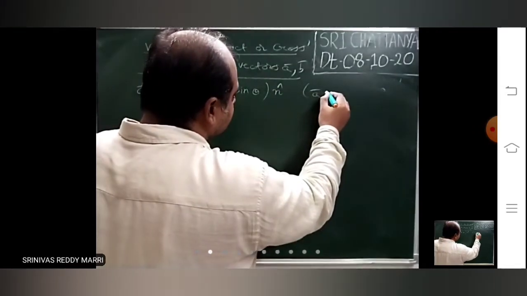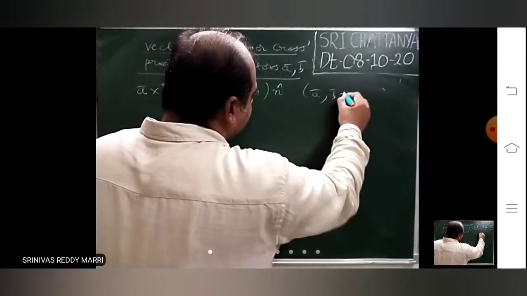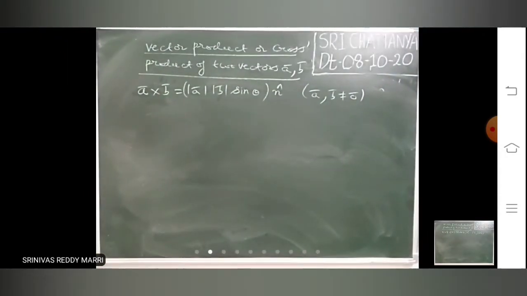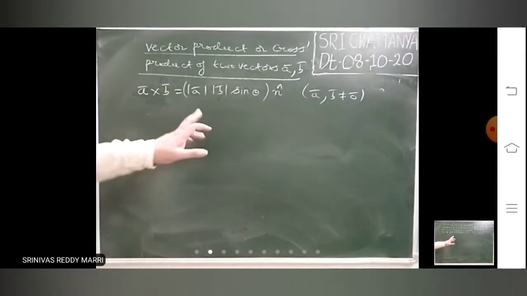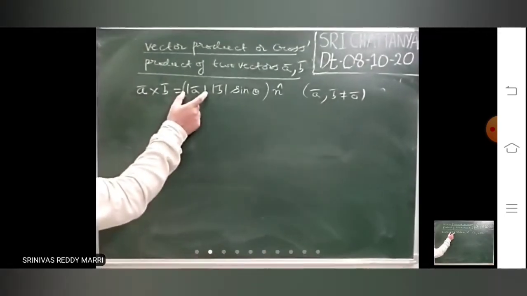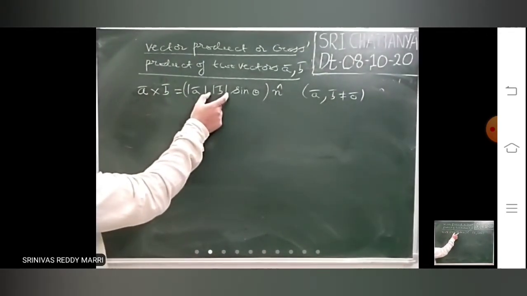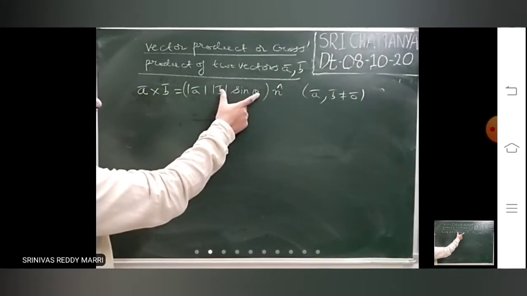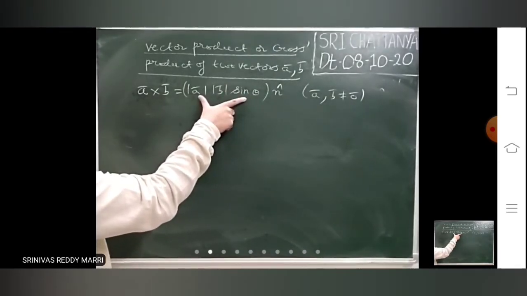Here a bar comma b bar are not zero vectors. If they are zero vectors, this will become zero. So if they are non-zero vectors, then look at, this is a scalar, this is a value between -1 and 1, this completely is a scalar.